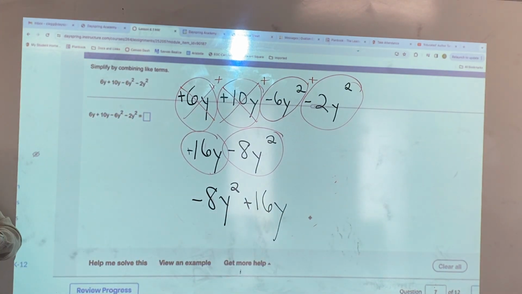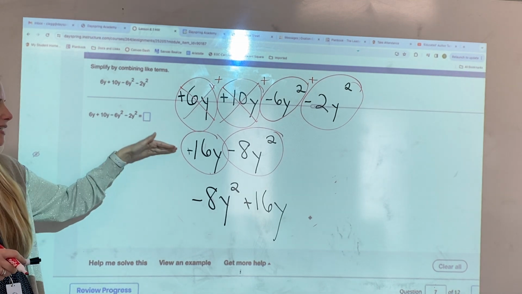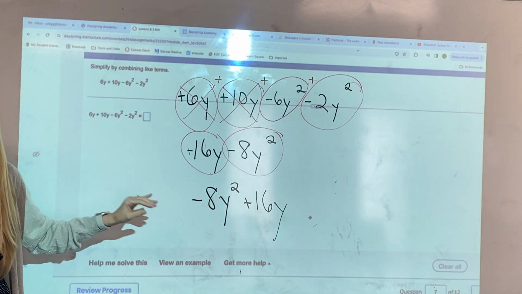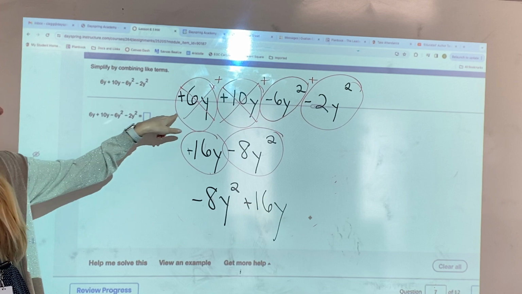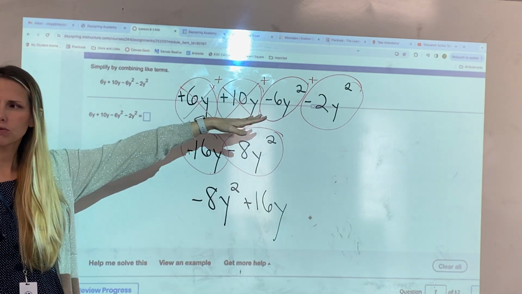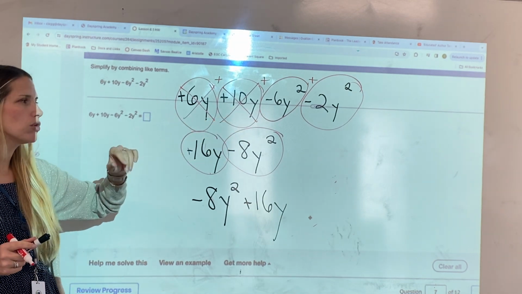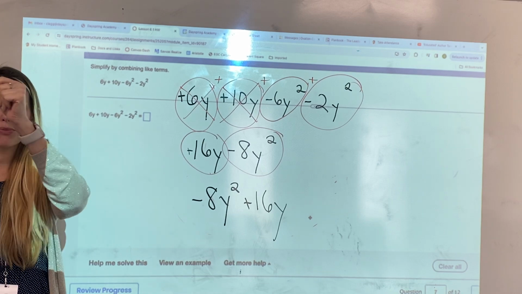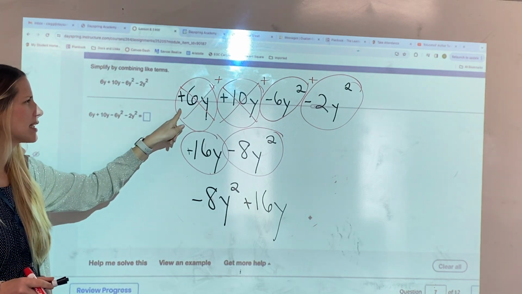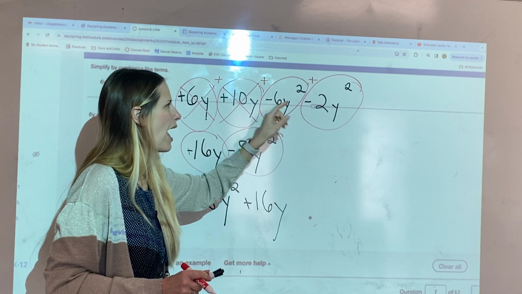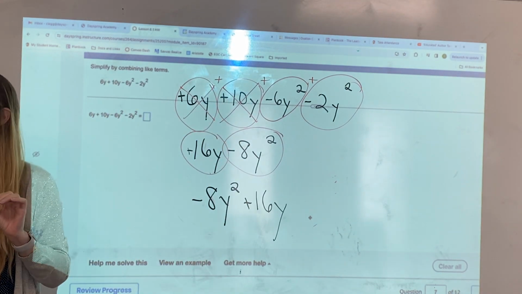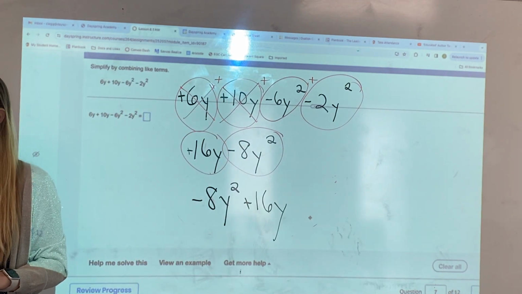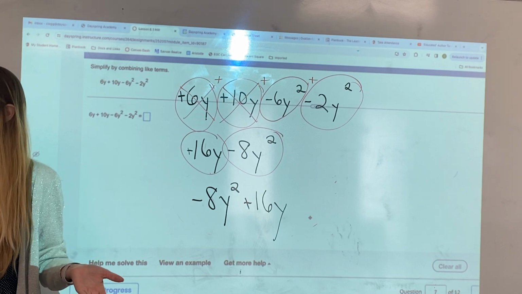Now, there's a way to skip this step if you want. From the beginning, right after you circle your terms with their signs, if you want to do it in just one step, you can simply scan through your terms and find the greatest exponents and combine those first.